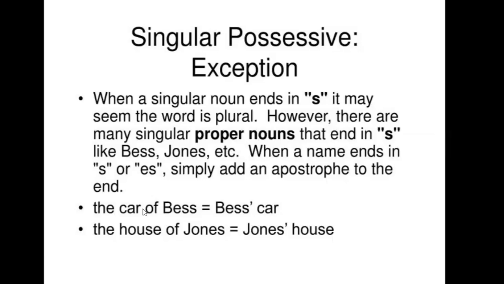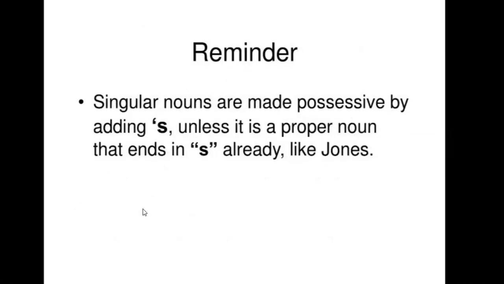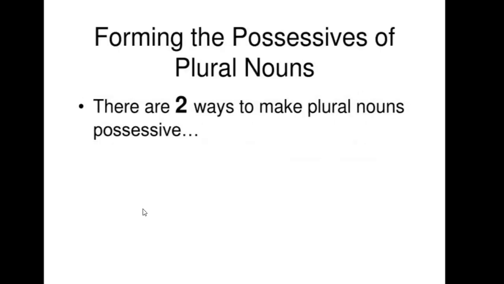The house of Jones, Jones' house. Reminder: singular nouns are made possessive by adding 's, unless it's a proper noun that ends in s, like Jones. Forming the possessives of plural nouns, there are two ways to make plural nouns possessive.